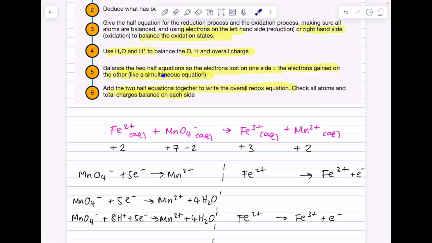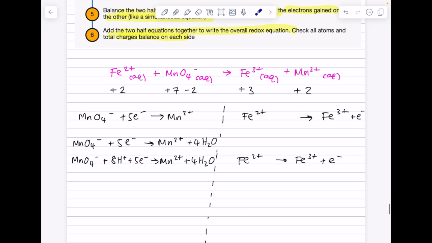We need to balance the 2 half equations, so the electrons lost on one side equal those gained on the other, like a simultaneous equation. So we have 5 here, only 1 here. So it's really the equivalent of multiplying this one by 5. By doing that, we can see now that those electrons will cancel out.